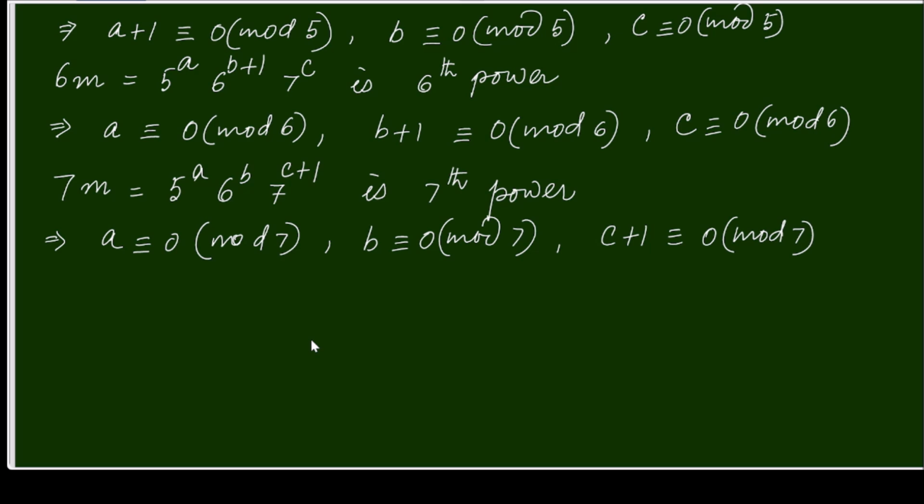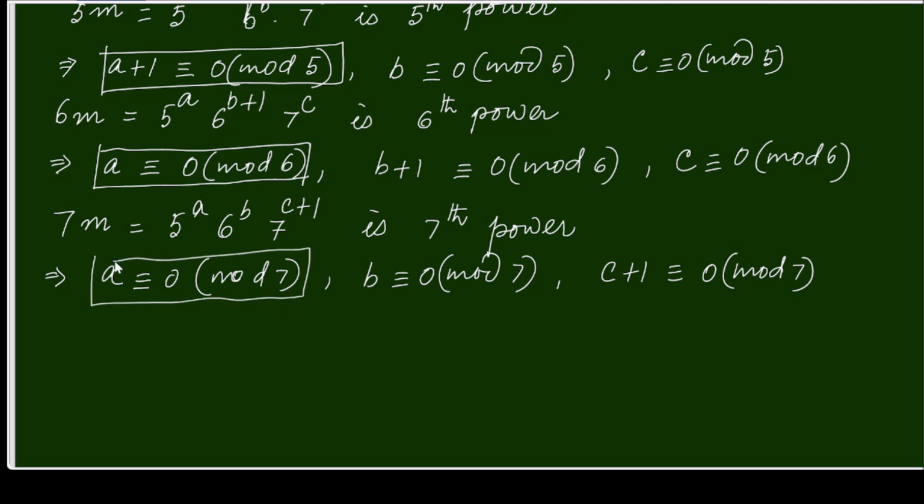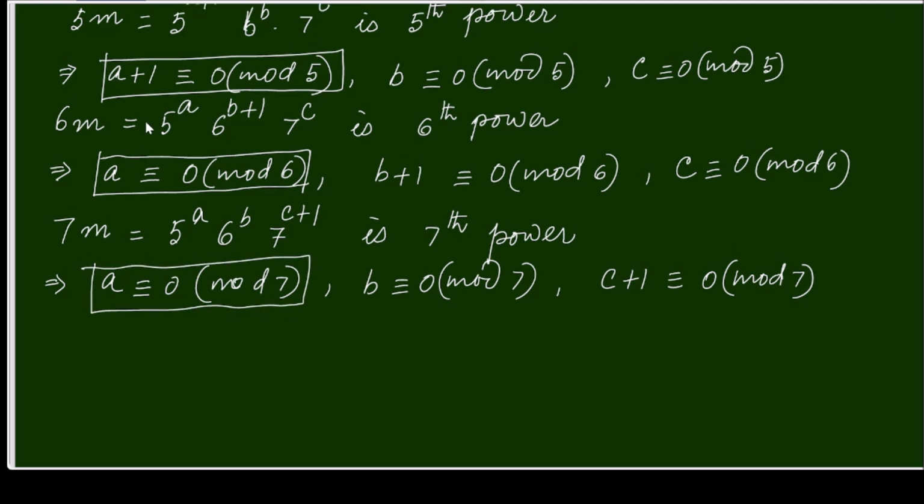So now we'll combine and compare all the conditions for a. Here a is congruent to 0 modulo 6, and from the third it is 0 modulo 7. Comparing all the congruences for a, from the first, a plus 1 is congruent to 0 modulo 5.